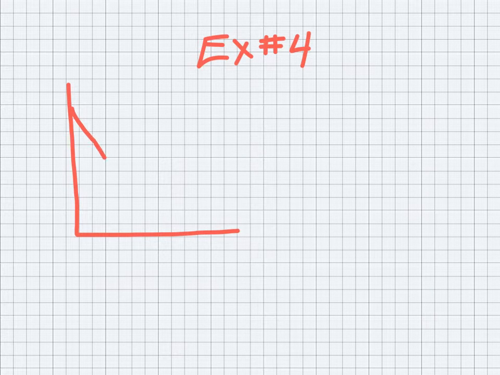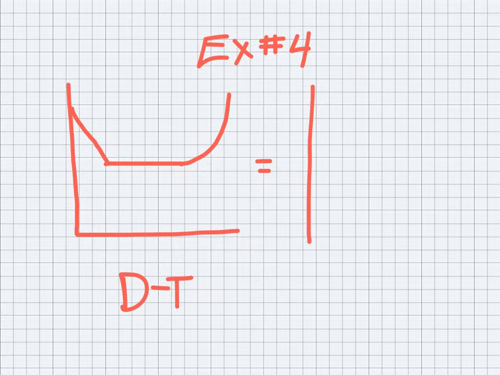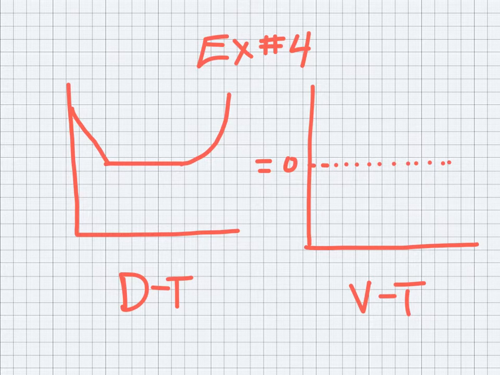I'm going to have this, then I'm going to have this, and then I'm going to have that. That's my distance time graph. What is it going to look like in velocity time? Well, I'll give you a hint. We'll probably have to put a 0 in there.